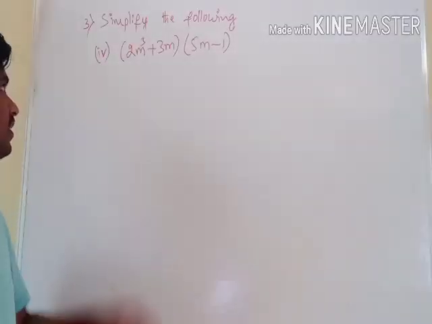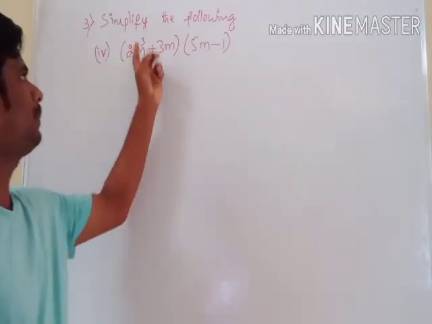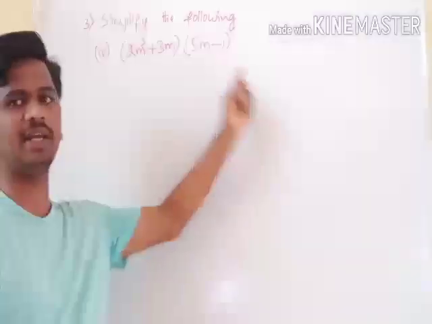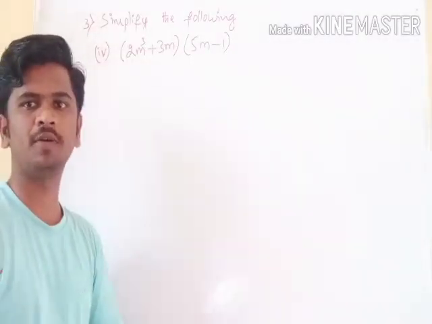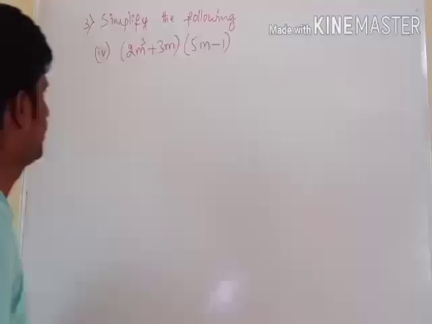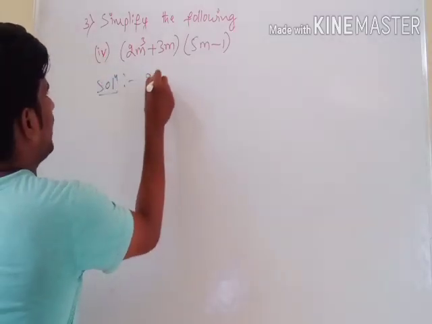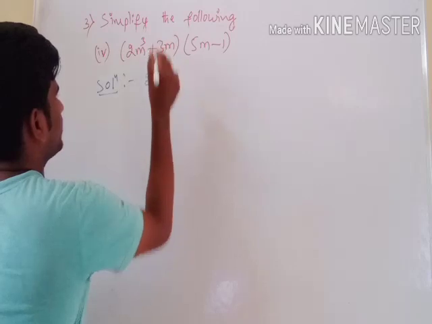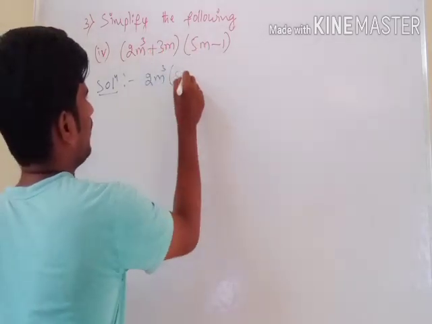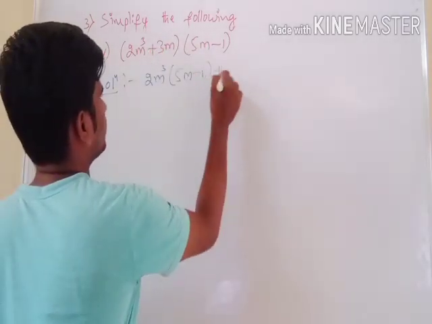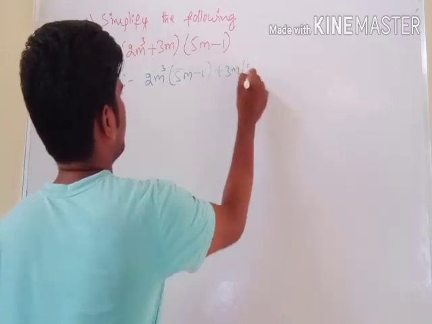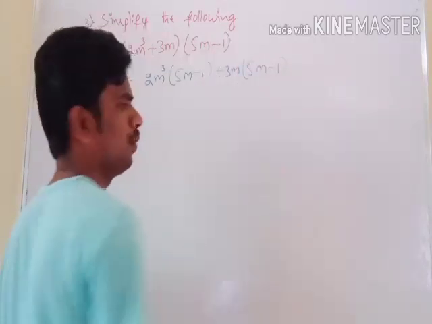So next, in that one, fourth one, (2m^3 plus 3m) into (5m minus 1). This is also the product of two binomials. Then how can we write this one? That is 2m^3 into (5m minus 1) plus 3m into (5m minus 1).